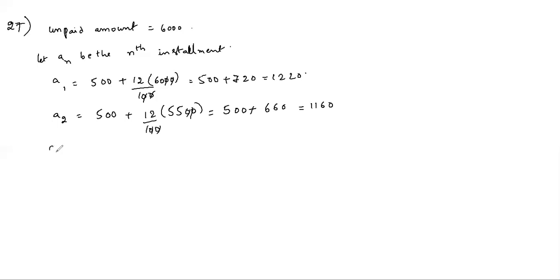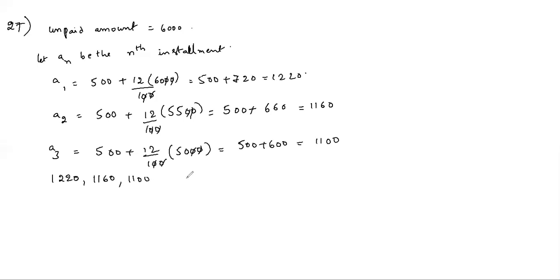Similarly, A3 is 500 plus 12% of the remaining amount 5,000. So 500 plus 600, so it is equal to 1100.